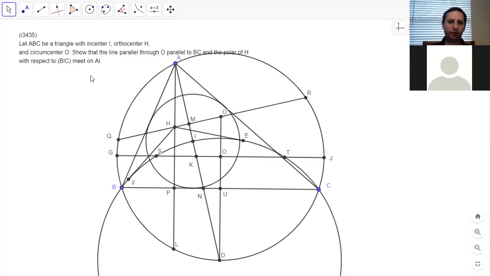In fact, what does line GJ invert to? Okay, it inverts to that.